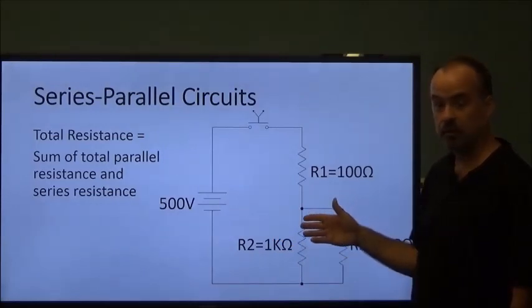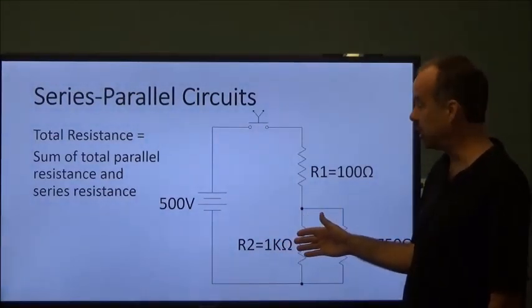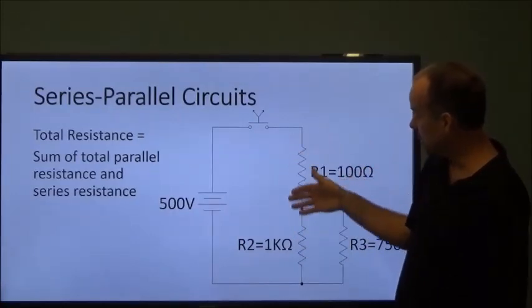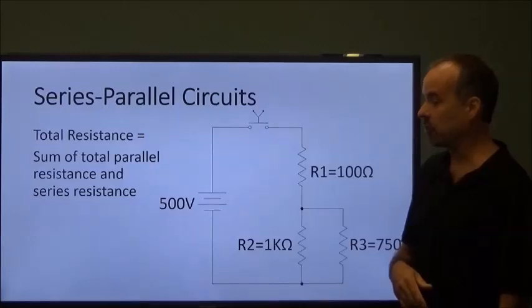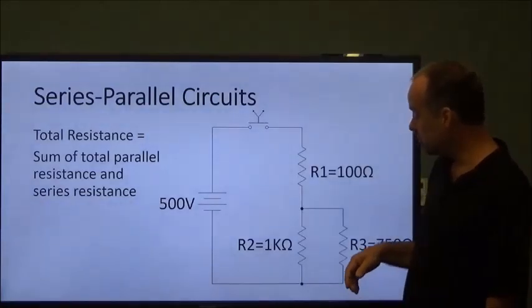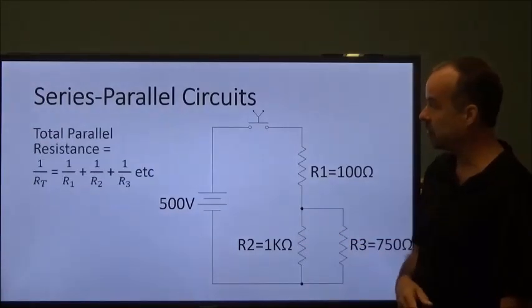So what I need to do is determine my total equivalent resistance for this parallel network, and then add it to my other resistor in series, which in this case is R1.